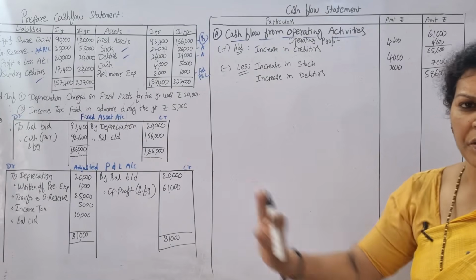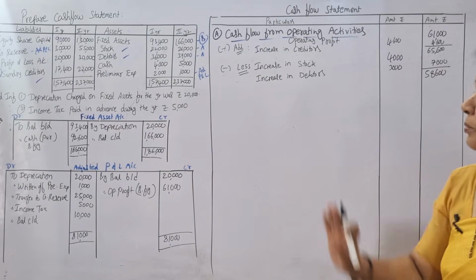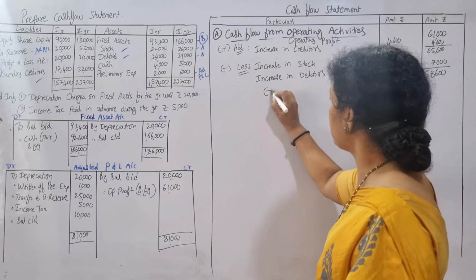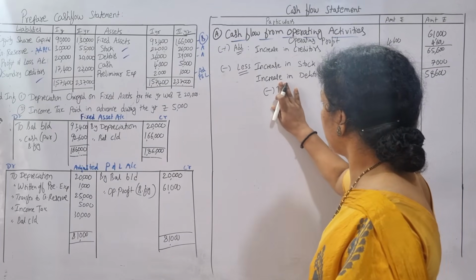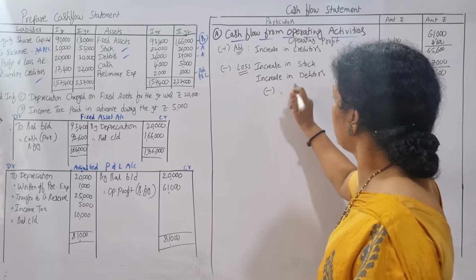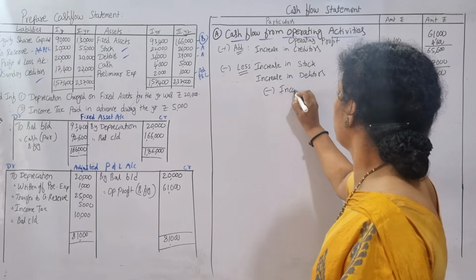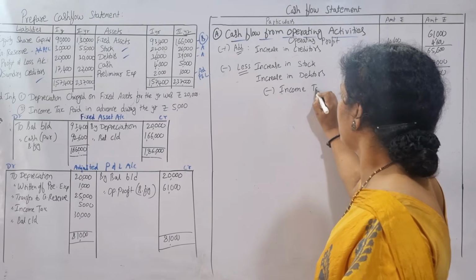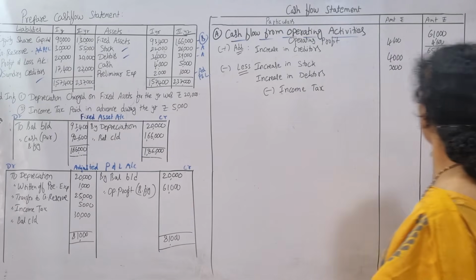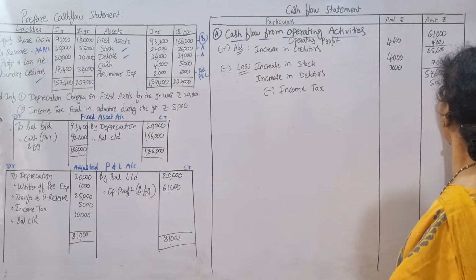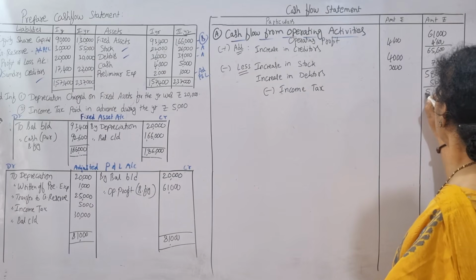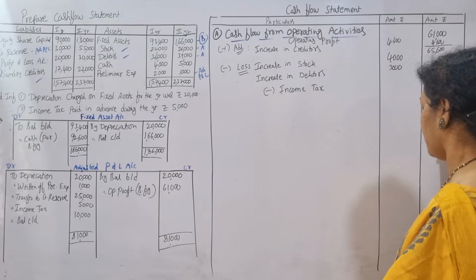There is a tax. If tax is not there, we could have ignored it, but there is a tax, so minus income tax. How much is it? 5,000. So this is 53,600.